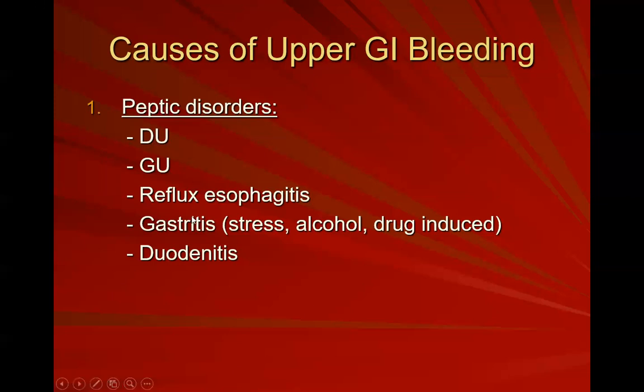All right. The most common cause is peptic ulcer disease or peptic disorder, and underneath that are duodenal ulcers and gastric ulcers. Since we're talking about peptic disorders, we're referring to any entity caused by gastric hyperacidity.